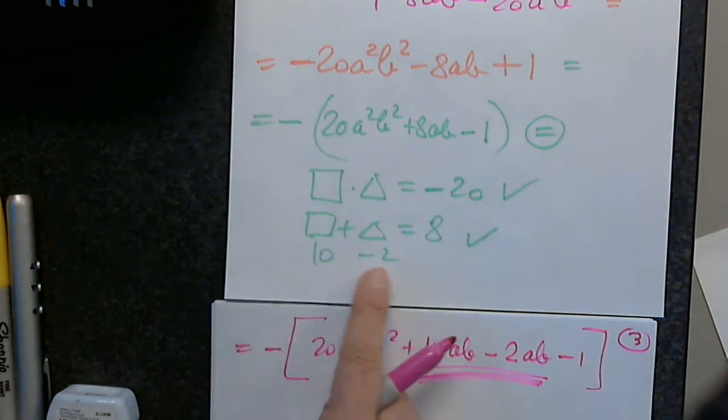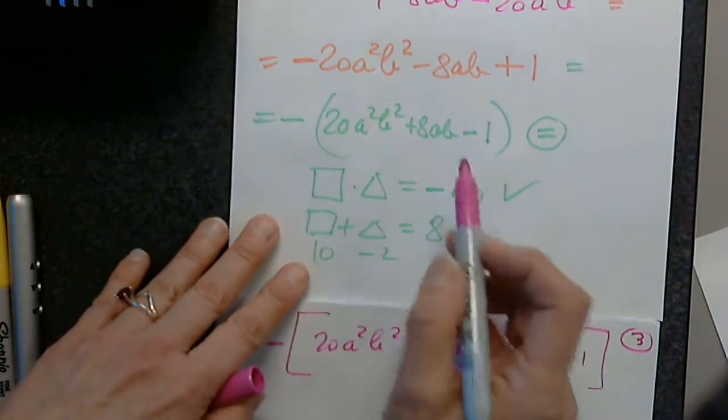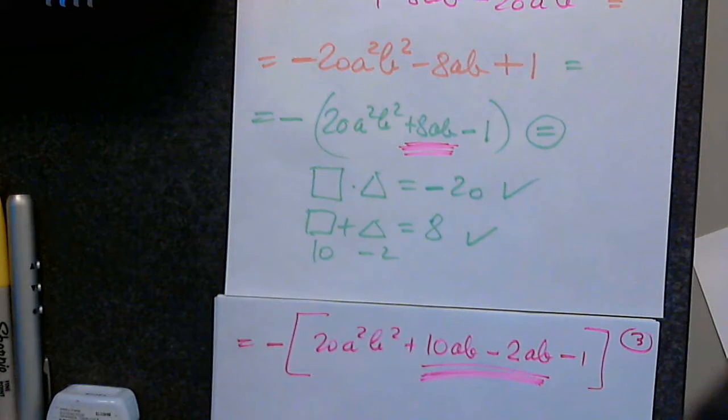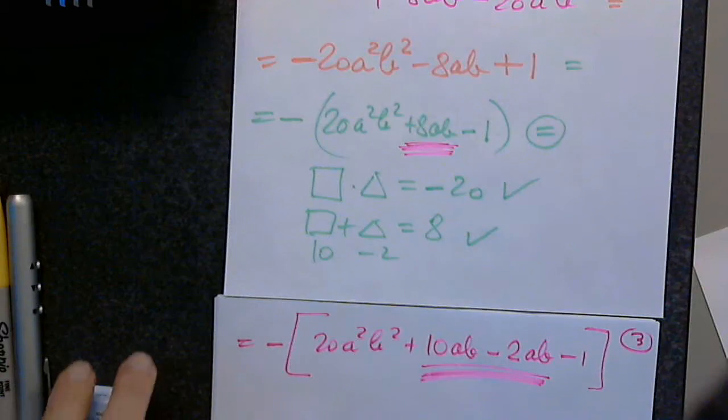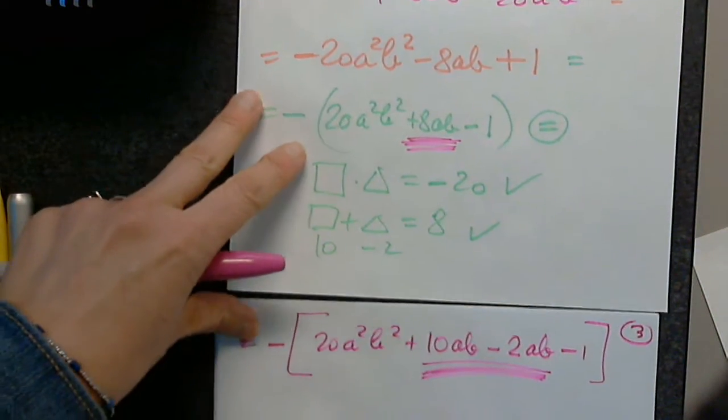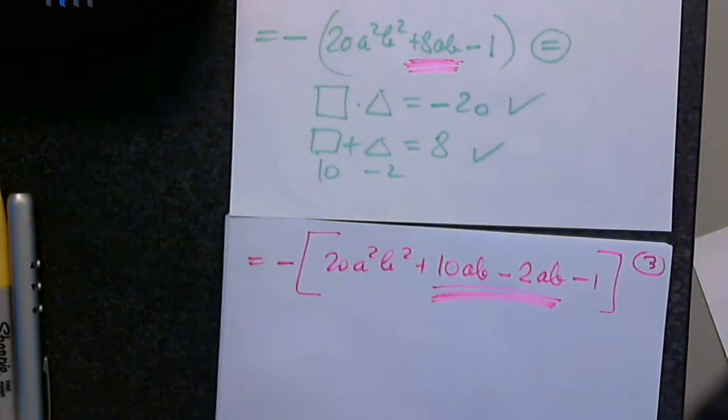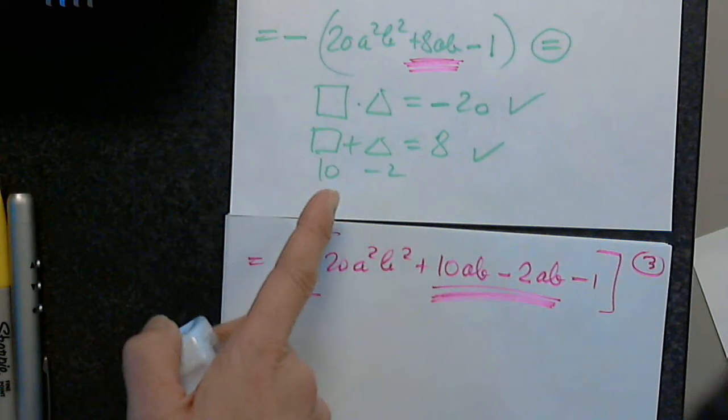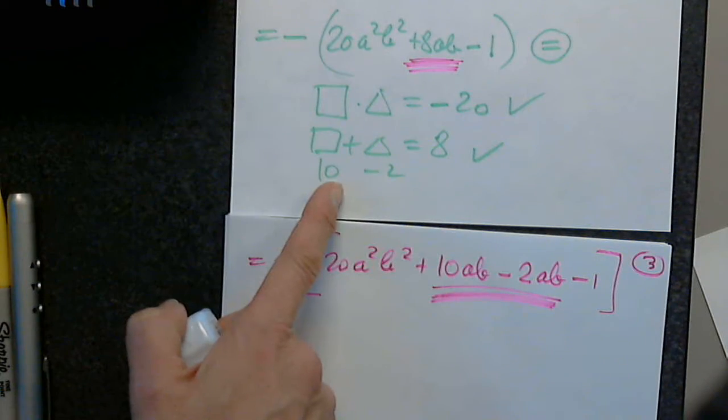This is what you gave me, and this replaces this with no change. It's just that the outlook changes, but 10ab minus 2ab is still 8ab. But now, do not go back and combine like terms. How many terms do we see now? 4. Yes, if you go back and combine them, you're annulling what you just did here.